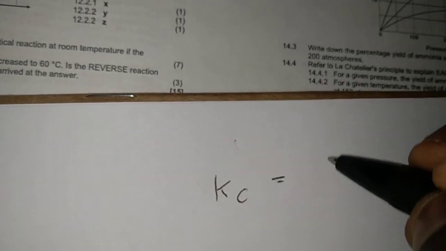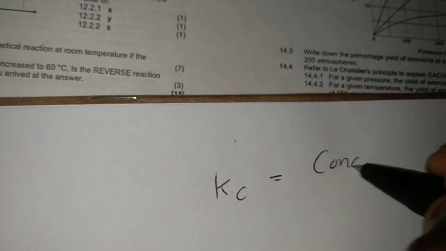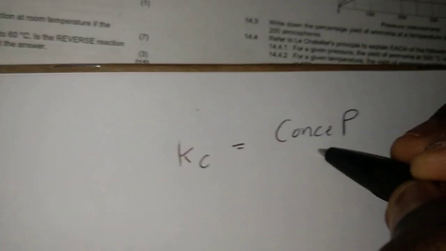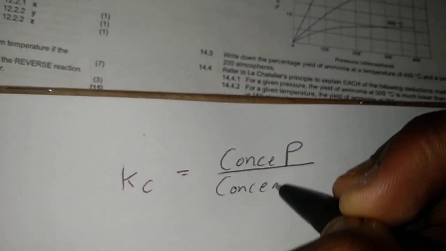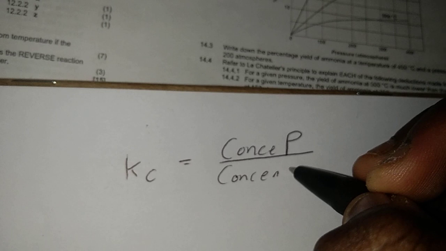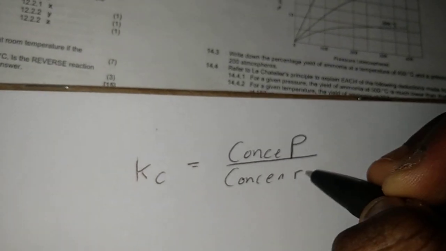Okay, so the first thing that you must know is that Kc is equal to the concentration of products over the concentration of our reactants.